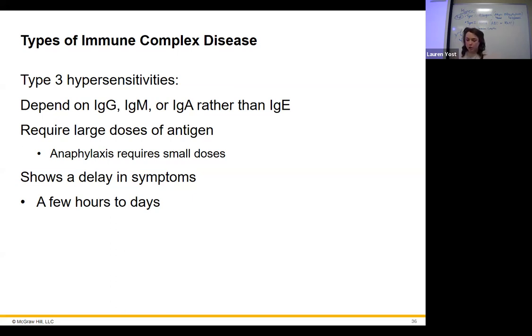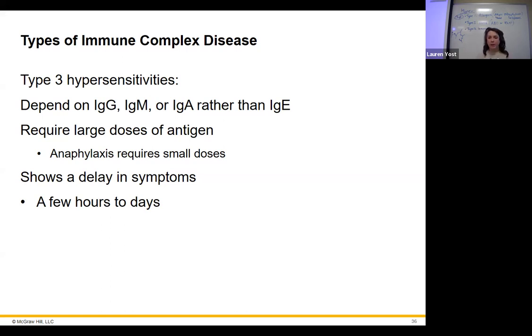It requires large amounts of antigen to start this formation, to make it enough of a problem. It's not like anaphylaxis where you need just a very, very little amount, because we had to create this weird complex. However, once we have these complexes, little bits that are all stuck together with other pieces can get trapped in the small places in your body.